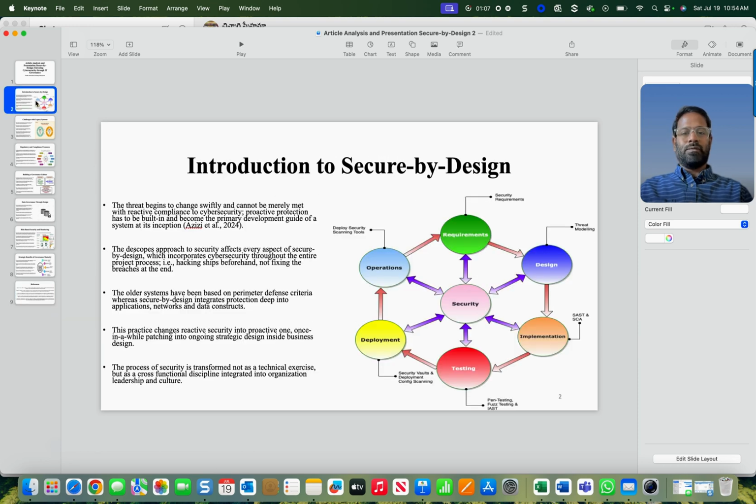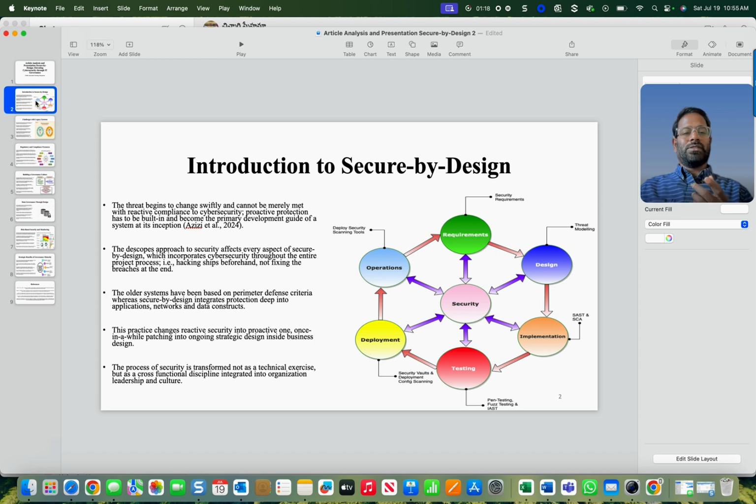Let's start with what is secure by design. Secure by design means building security into systems from the ground up, from the start, not as an afterthought.